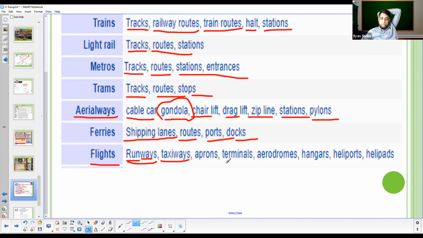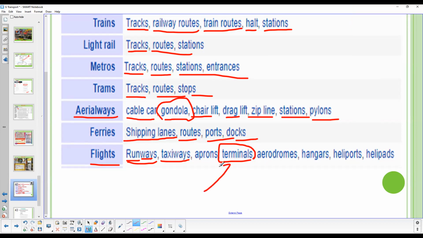Terminals, where when you go to different countries, you get in to catch your aeroplane. It's called the terminals. It's like what we call a bus stop or bus station, right? Terminals are like a bus stop.